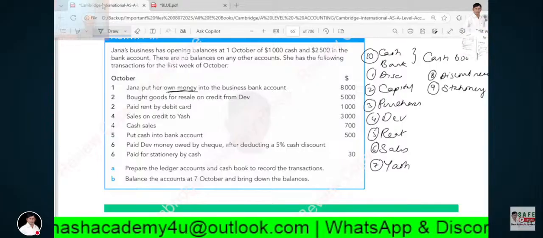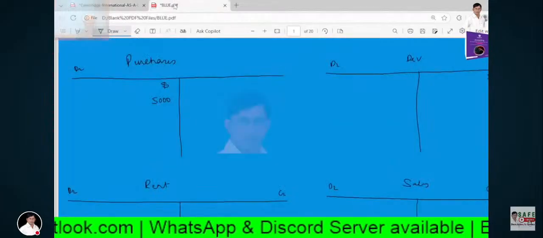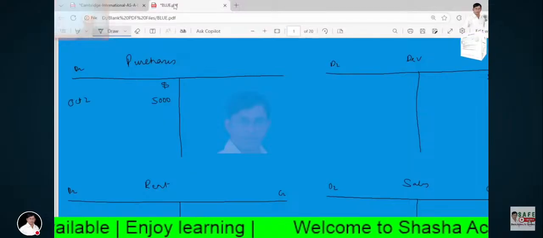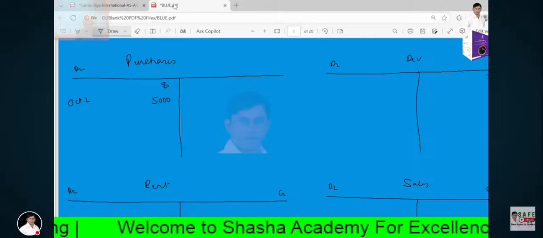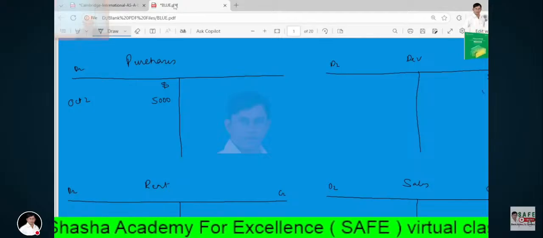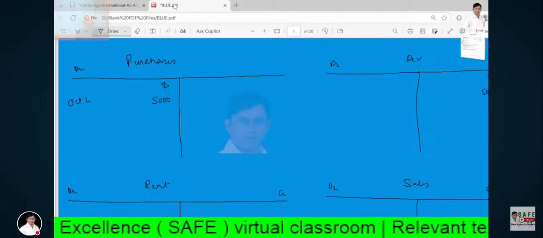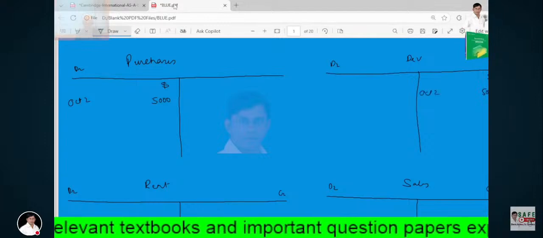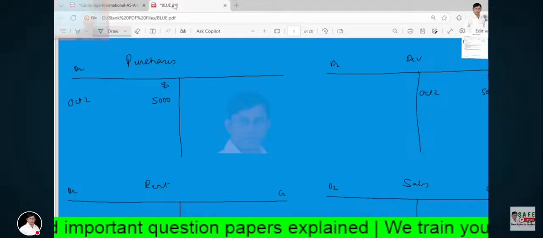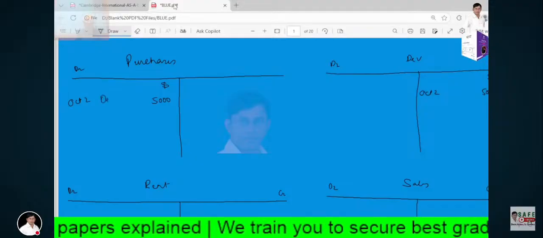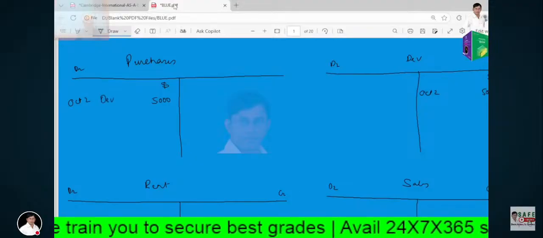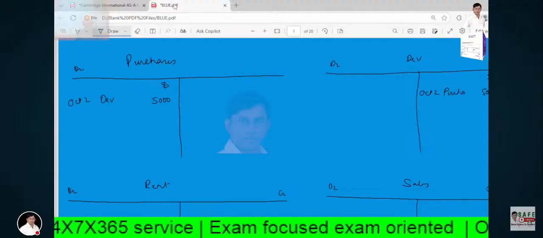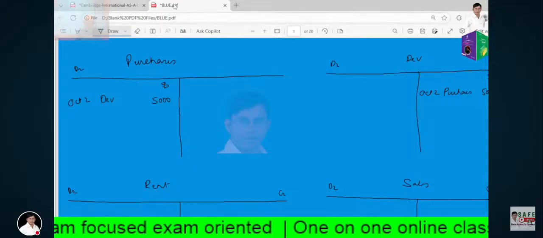Date is on 2nd, October 2nd. So purchases account debit, Dev account credit. October 2nd. Again you have to write purchases. So the entry is complete.